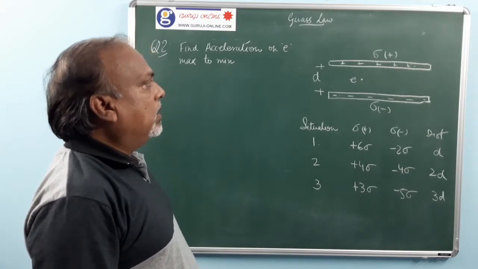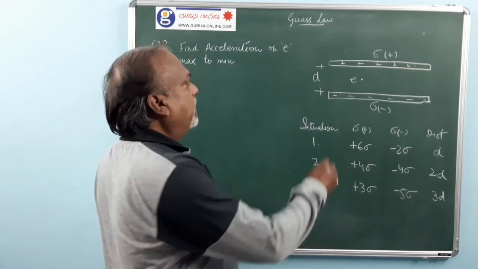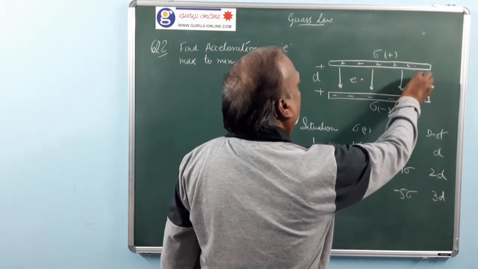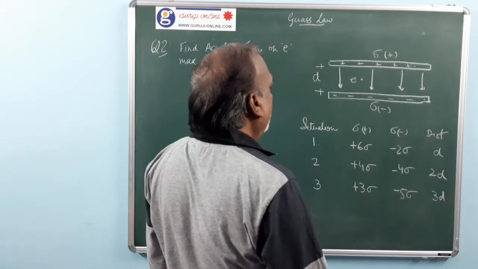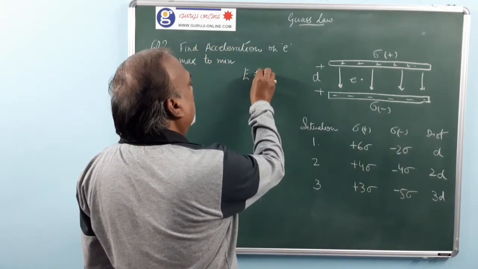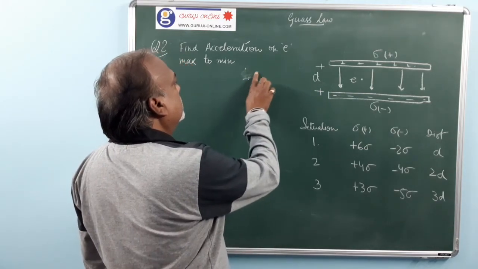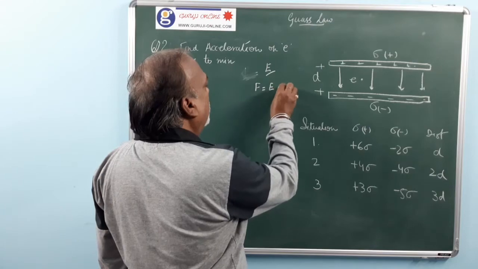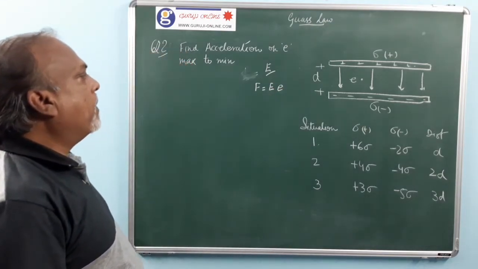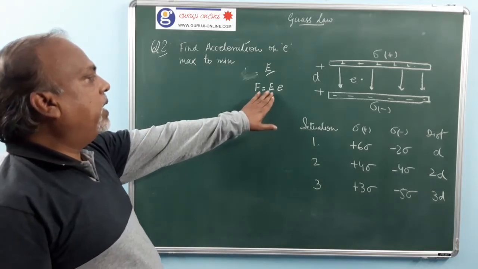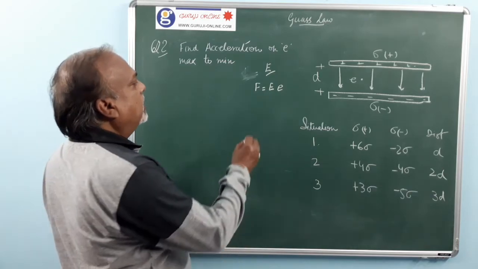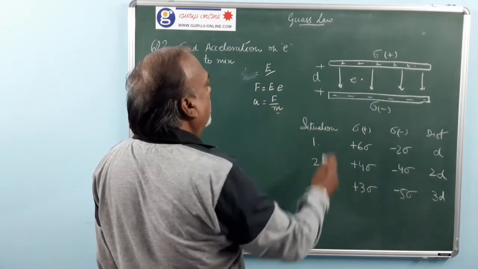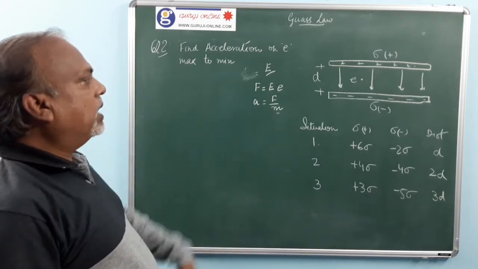So naturally there will be electric field, and due to this electric field, suppose this is E, then it will experience a force of e into E. The acceleration will be F upon m, and you know the mass of the electron, so you can find out the acceleration like this.